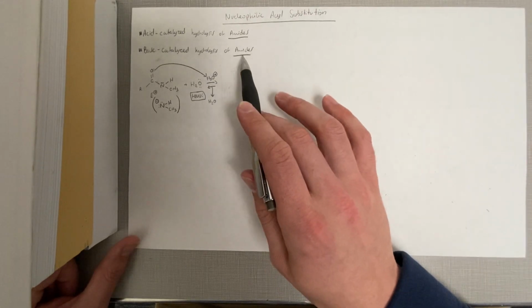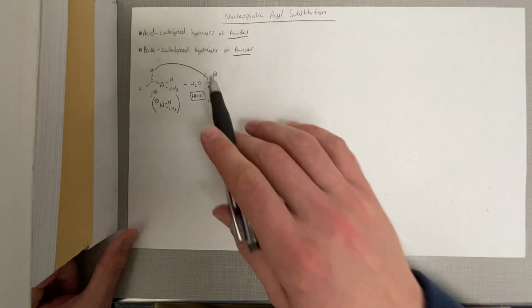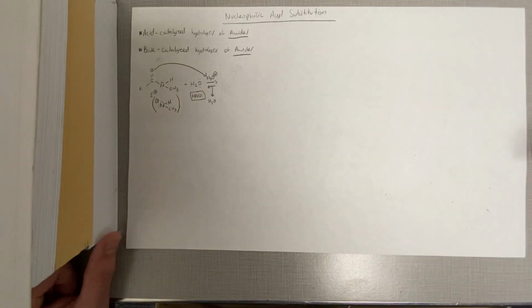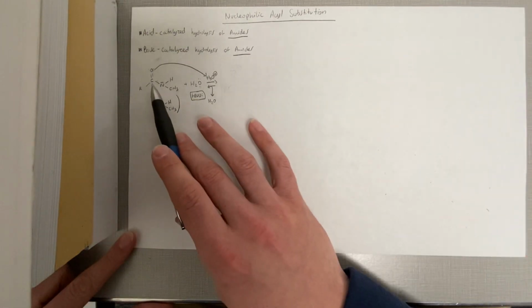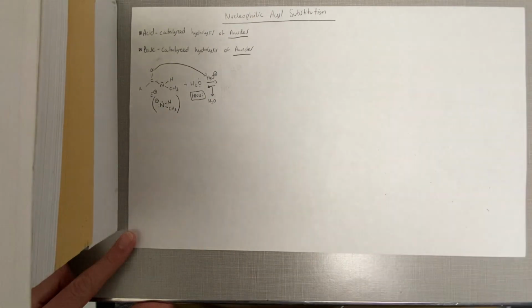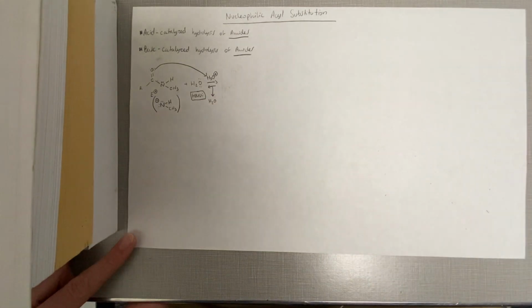So just like esters that we've seen in a previous video, we need to protonate the oxygen of the carbonyl group, so this carbon here, our electrophile, gets a positive formal charge, and with this positive formal charge, it's going to become a stronger electrophile.